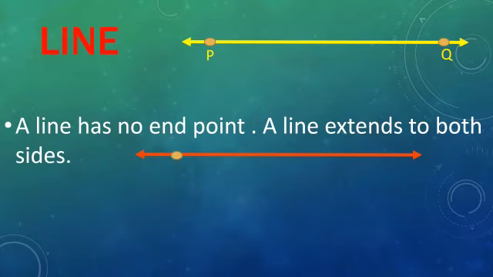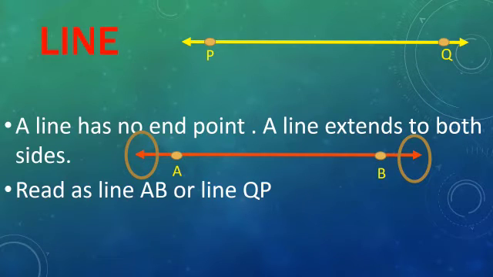See here, these 2 points and these circles show the arrow mark. Okay, at both ends, this arrow mark means no end. You can extend as much as you want. Okay, and for these points you can write names as A and B. Read as line AB or line PQ.